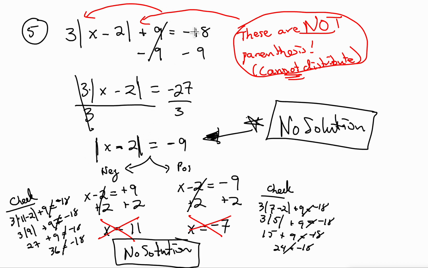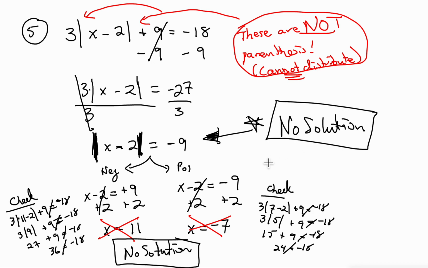We couldn't do it up here because the absolute value wasn't by itself. When we get the absolute value by itself and it equals a negative number, then we can say, hey, it's a no solution, and we don't have to do any of this down here. We've saved ourselves some time in solving.